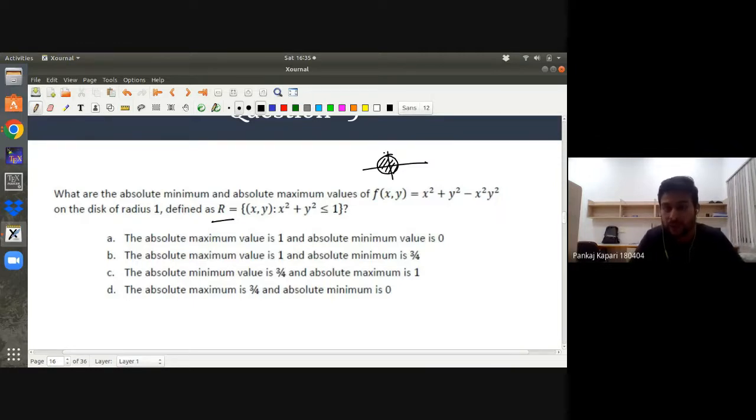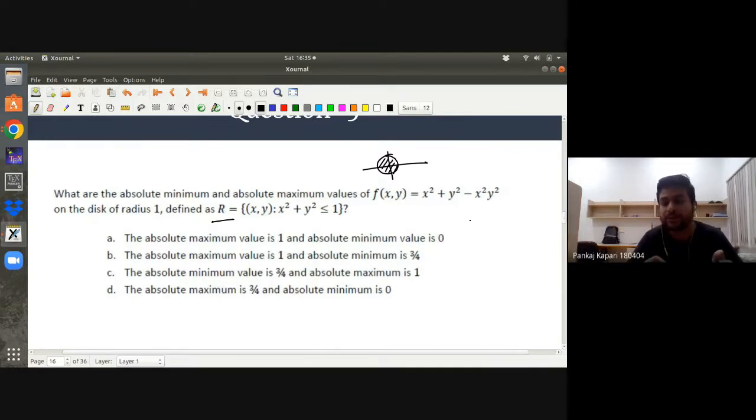So we have to investigate the critical values of this function inside the disk and also on the boundary, because the maxima and minima can also lie on the boundary. We have to treat the boundary case separately. If maxima or minima lie on the boundary, that means there is a constraint.